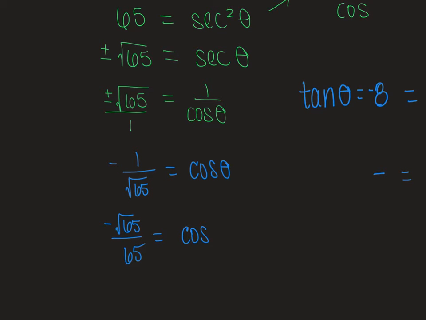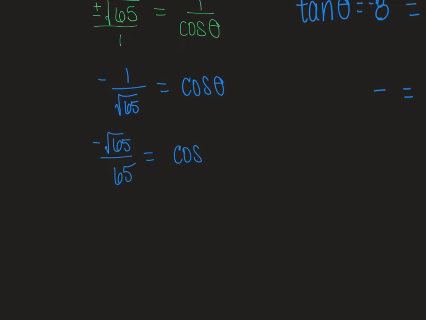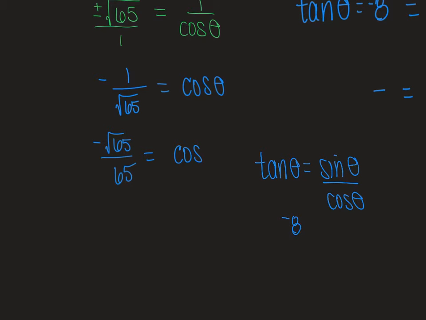So once you get your cosine value and now you're trying to find your sine value, we can use what we know about tangent. We can go back and we know that tangent of theta equals sine theta over cosine. We know that tangent was -8. And we know that our cosine was -√65 divided by 65. So we're just trying to isolate sine.